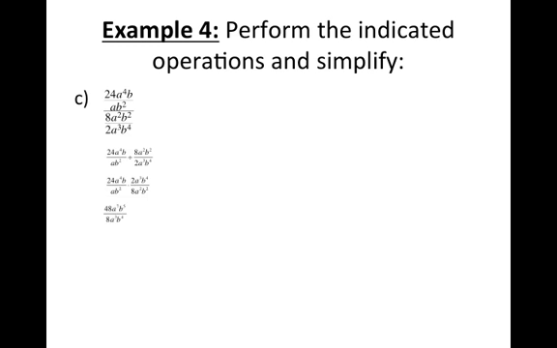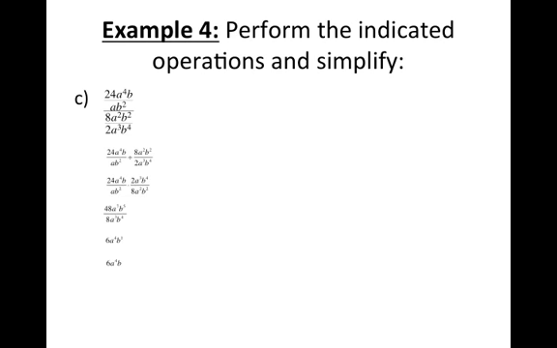So across the top we've got 48a to the 7th b to the 5th. Across the bottom we have 8a cubed b to the 4th, and then we just reduce. 48 divided by 8 is 6. a to the 7th divided by a to the 3rd is a to the 4th. b to the 5th divided by b to the 4th is b to the 1st. Let's clean it up a little and write it as 6a to the 4th b, and we are done.